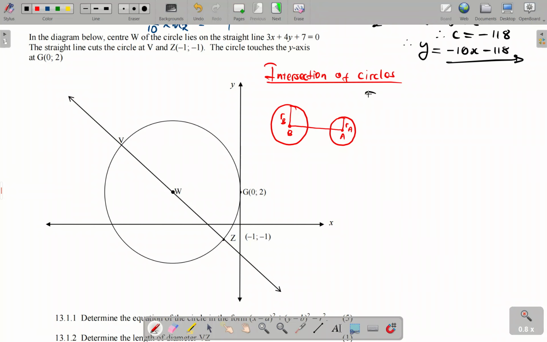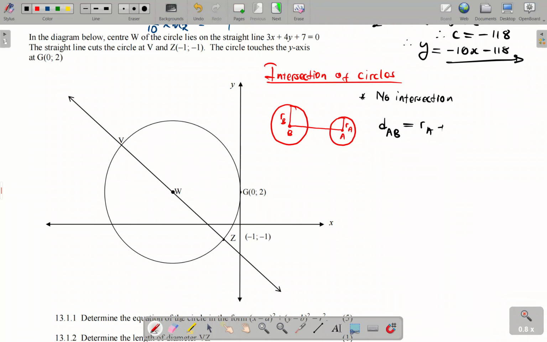Whenever you have this case here, you can see there's no intersection. So here is when you have what? No intersection. So I'm just going to write it here, no intersection. So whenever you have no intersection of the circles, this is when the distance between their centers, which is A and B, is equal to the sum of their radii.